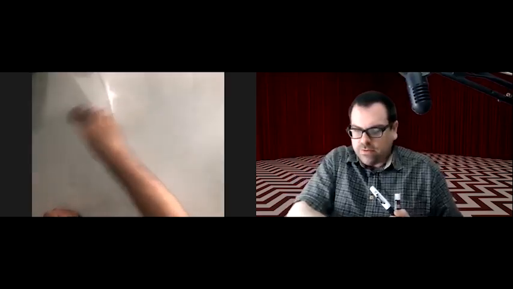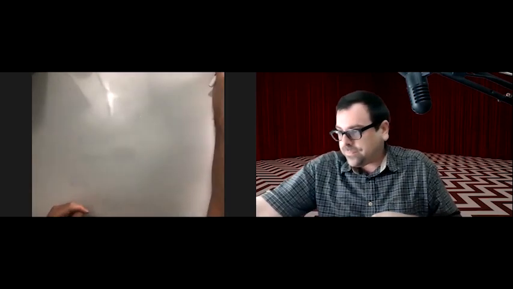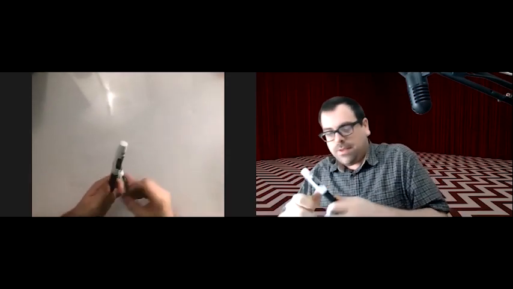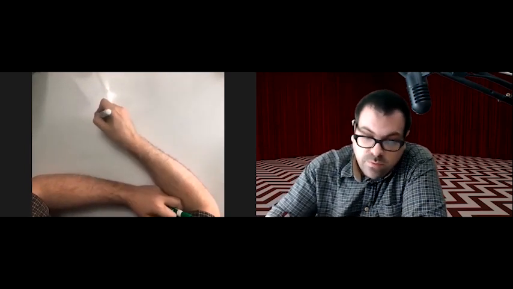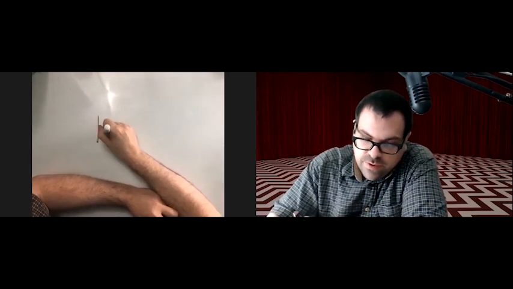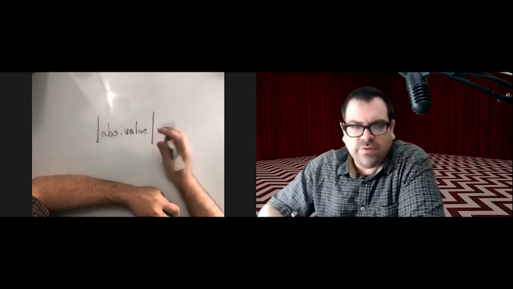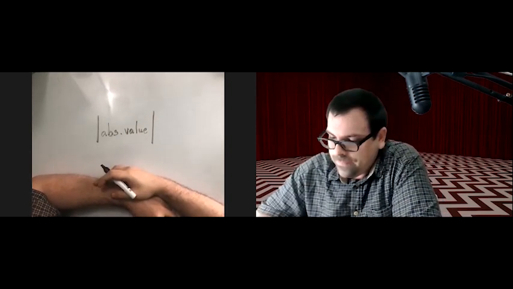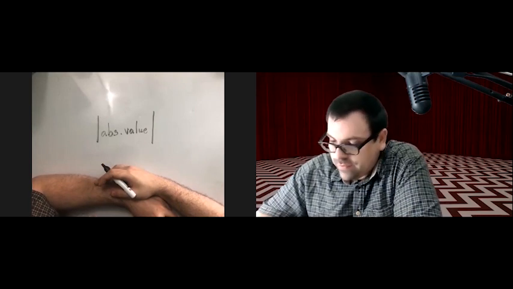Let's talk about absolute value inequalities. Something that can't ever happen, that's what we started talking about. We said that an absolute value can never be negative. What's another way of saying it can never be negative?